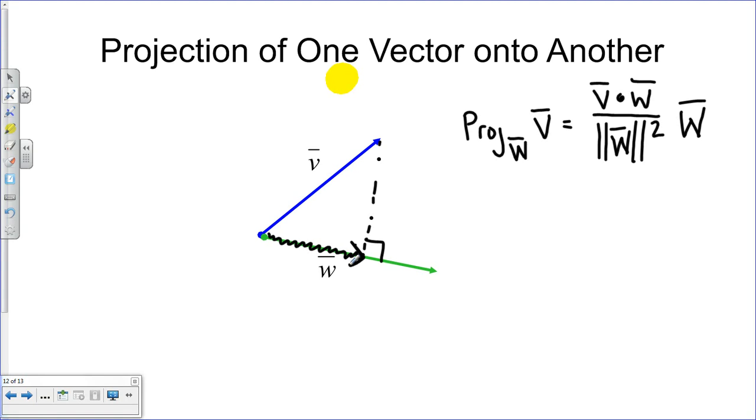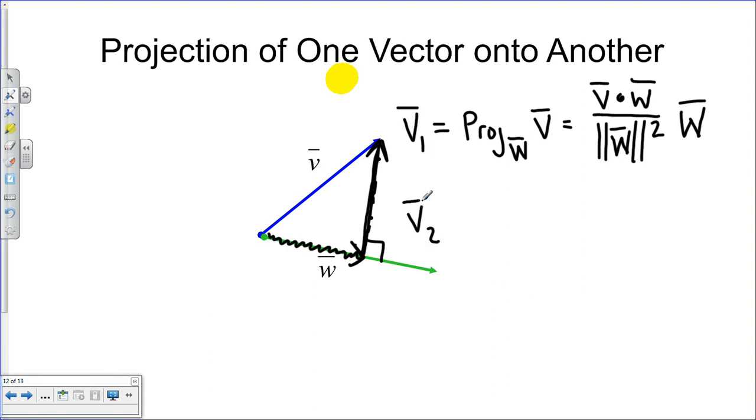Okay, not necessarily high school physics, but this stuff is huge in physics. So we're going to label this new vector, this projection that we just found, as V1. Okay, it is a vector, so it gets that bar over it. It is a new vector that is parallel to W. We are also going to find the vector that is perpendicular to W. Now I've drawn it in here kind of as a dotted line. Let's draw it in here as a vector. So this new vector we're going to call V2.